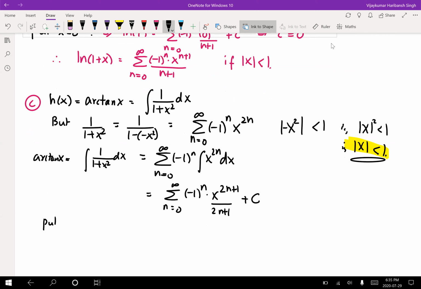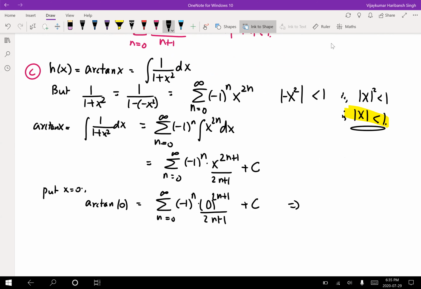So put x equals 0. This will give me arctan of 0 equals summation n equals 0 to infinity minus 1 to the power n x to the power 2n plus 1 divided by 2n plus 1, plus c, and we took x equals 0. So this will mean 0 equals 0 plus c.